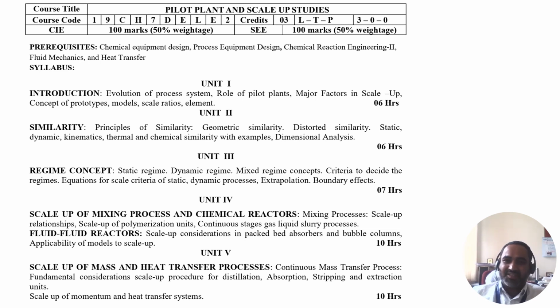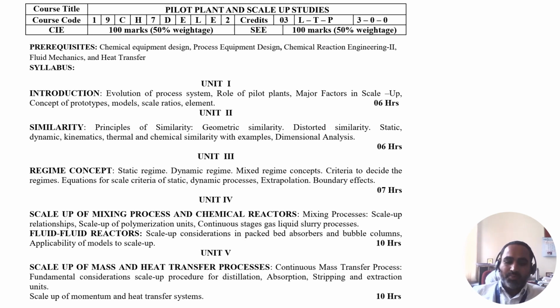Based on that, we eliminate the other, and the predominant resistance is considered when we study the scale up conditions. Suppose the reaction rate is very slow, in that case we take the controlling regime as the chemical regime. Or if the dynamic regime is slow, like mass, momentum, or heat transfer, then we take the dynamic regime as prevailing in that condition.